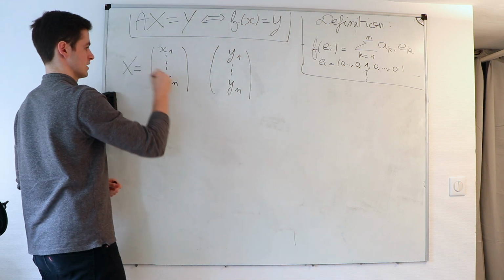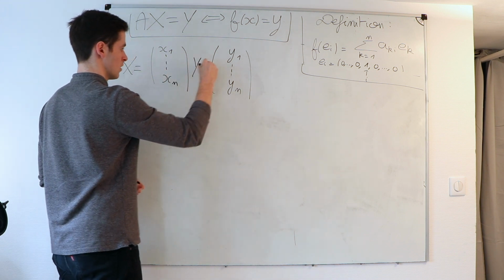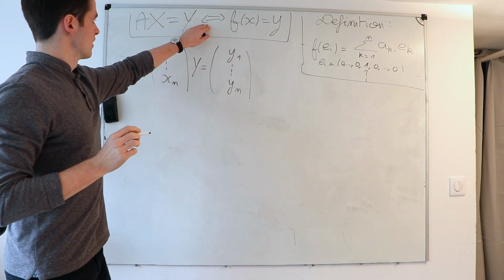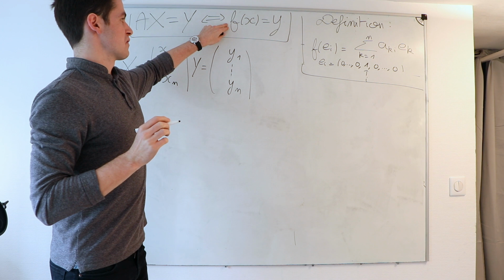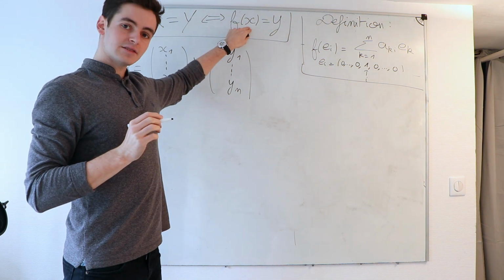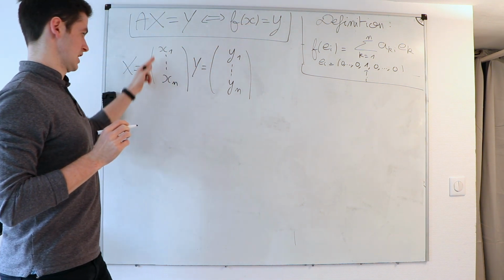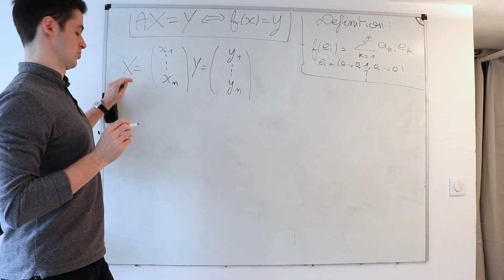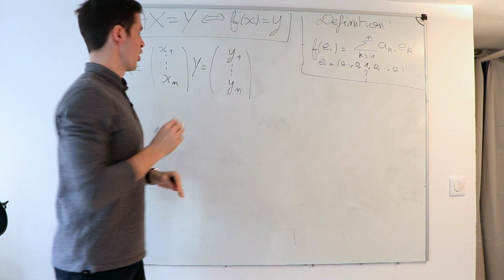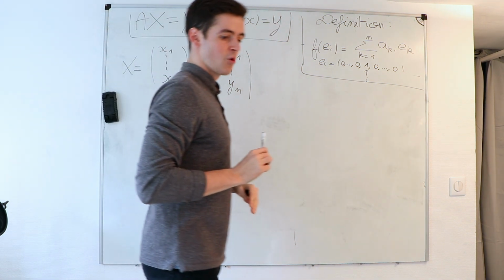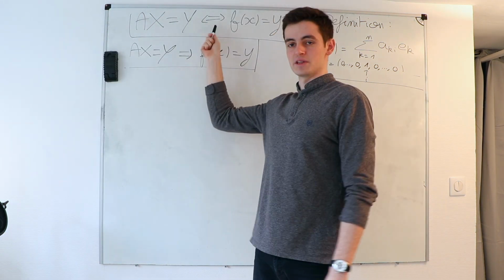So this is X and this is Y. This equality is true if and only if F of the vector x, whose components are the same as the components of the column vector X, is equal to the vector y, whose components are the same as the column vector Y. Let's prove the first implication.